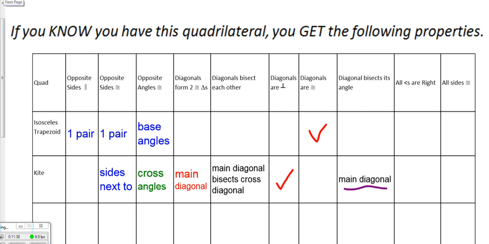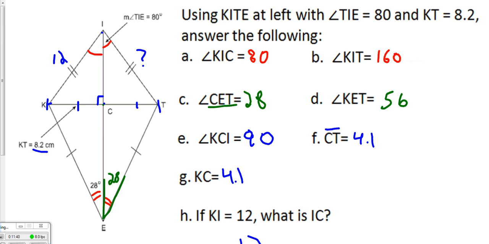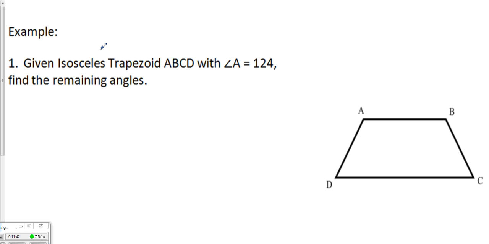So we've got all of the properties then for all of our quadrilaterals. So let's continue on with some trapezoid examples here. If angle A here is 124, well, we know then that this one over here has to be 124 because base angles of an isosceles trapezoid, so these are the same, have to be the exact same.